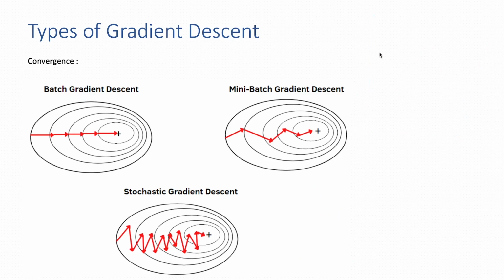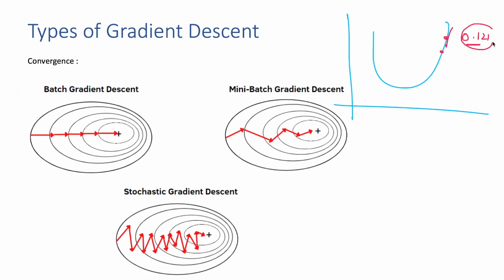Let's say that this is your convex function, a perfect convex function. This is your initial gradient. You must have computed your gradient value to be 0.121 or whatever it is. In your subsequent update, you are now considering the previous gradient as well in order to determine what could be your eta value. Your learning rate is not constant in this case.